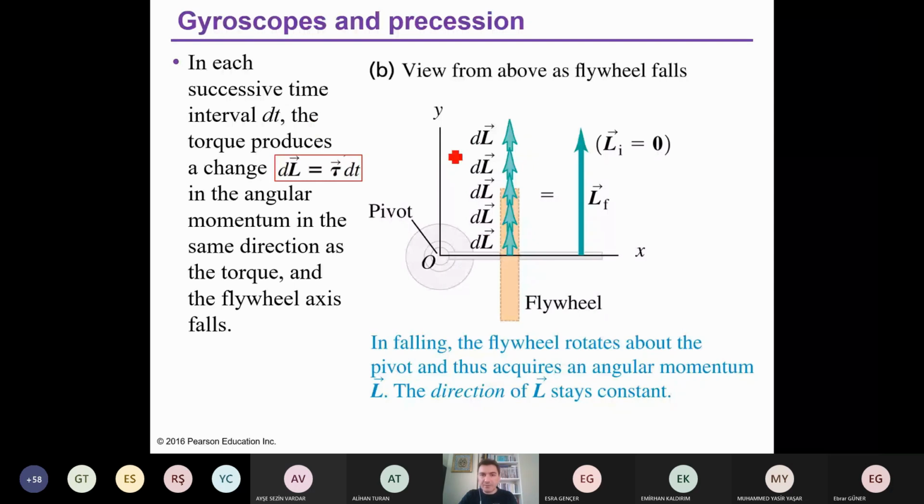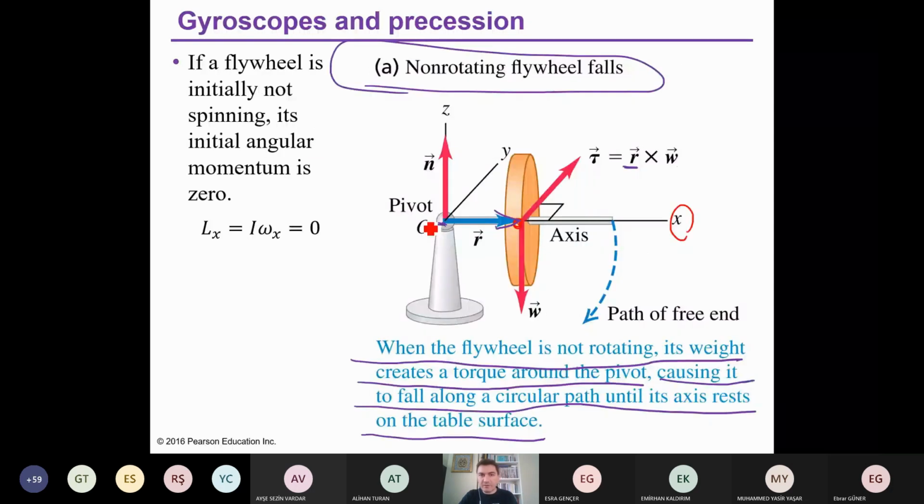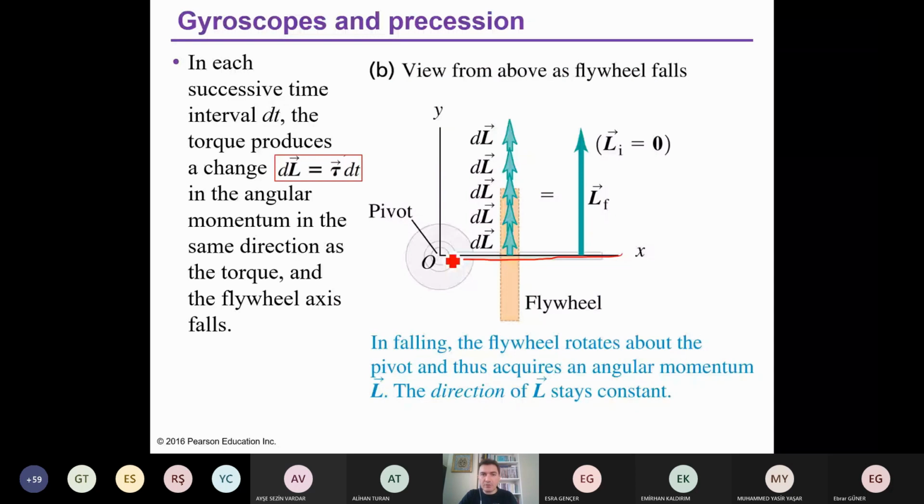This was the x-axis, this was the y-axis, this was the z-axis, and now I'm looking from this side. So this is the x-axis, this is the y-axis. Now z is along this direction, and this is the flywheel.